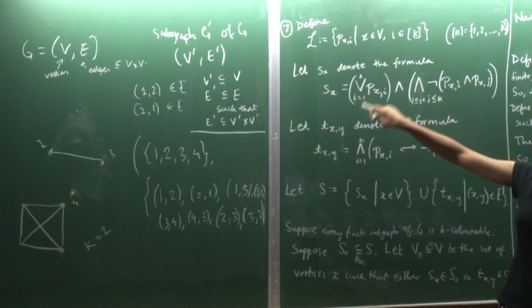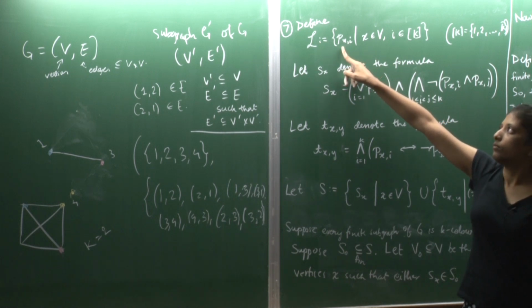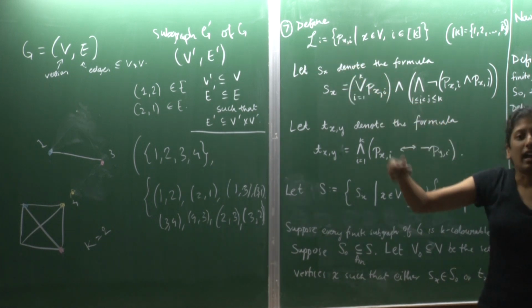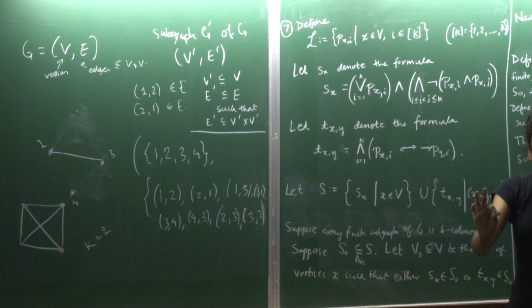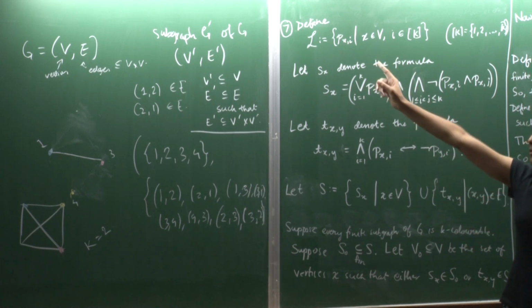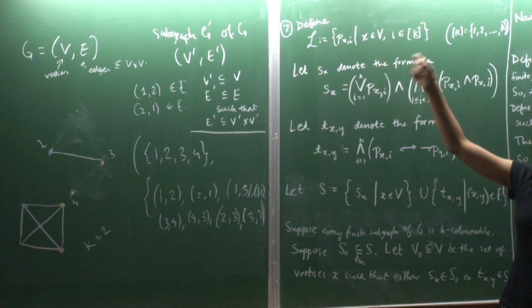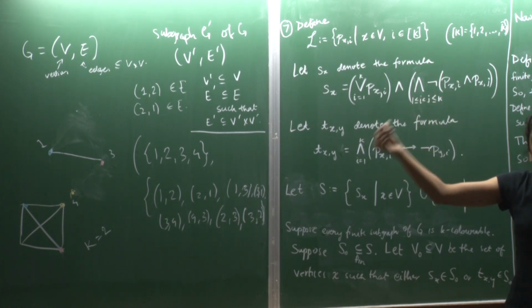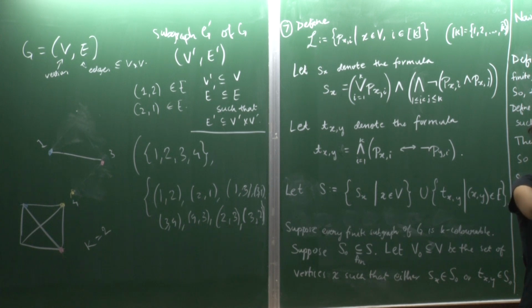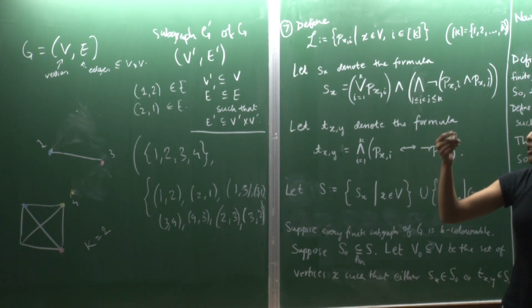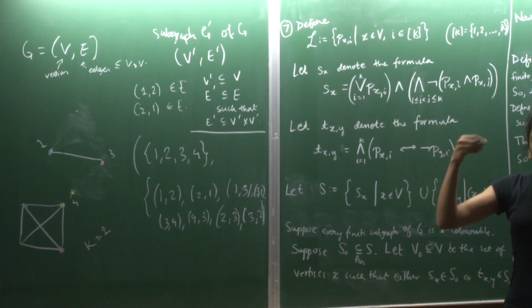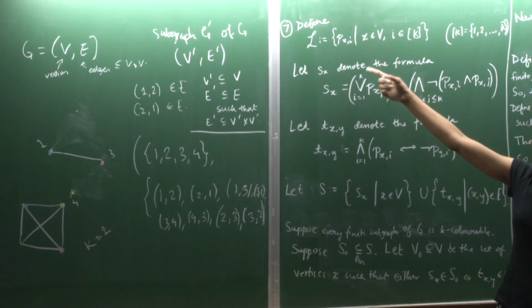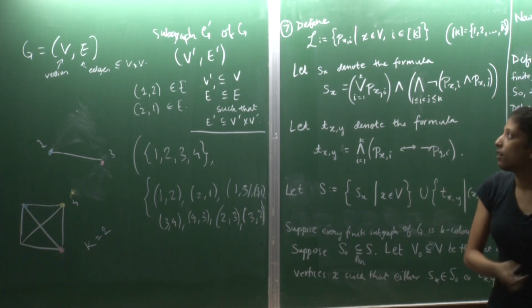I haven't written the meanings of this because most of them are in the question, but what Pxi intuitively should denote is this: when you define a valuation, if Pxi is true, that means that you're assigning the color i to the vertex x. And if it's false, then you're not assigning that color. So that's the meaning of Pxi that you should keep at the back of your mind.